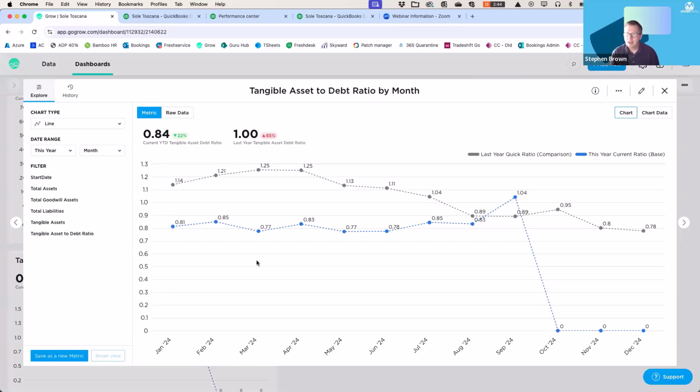So I basically did a tangible asset to debt ratio, excluding the goodwill, because goodwill is this squishy thing, a whole different thing that I talked about earlier. And it's a little bit high, right? 0.4 to 0.6 is usually what you want to be at. You can see that this year we've been rocking around 0.8.